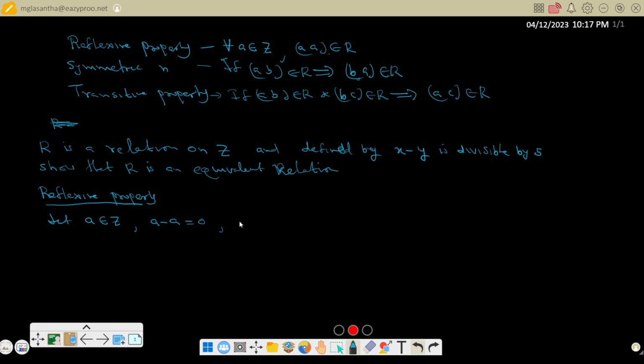That means a minus a is divisible by 5, since 0 is divisible by any number. Therefore, (a, a) belongs to R. Therefore, R is reflexive.